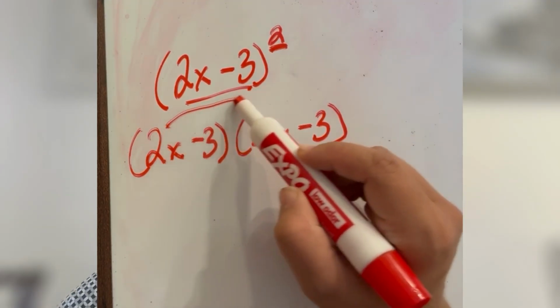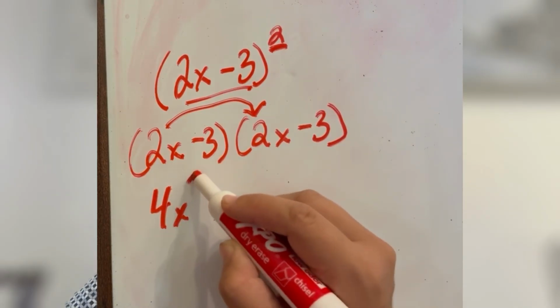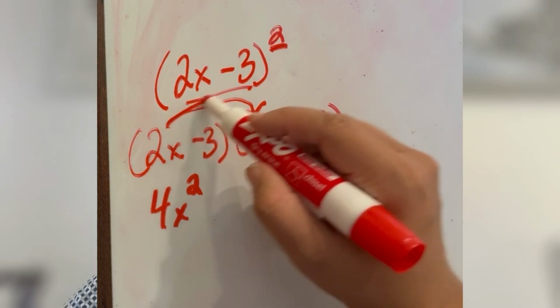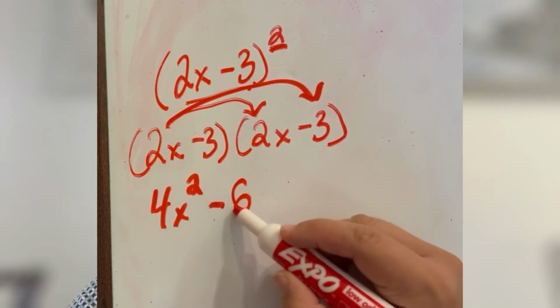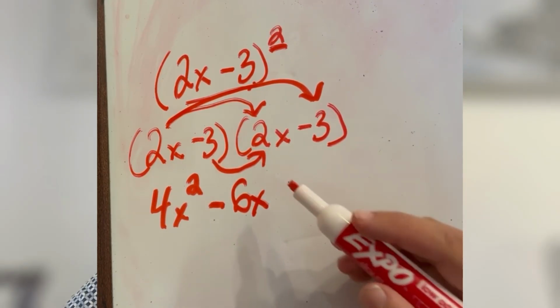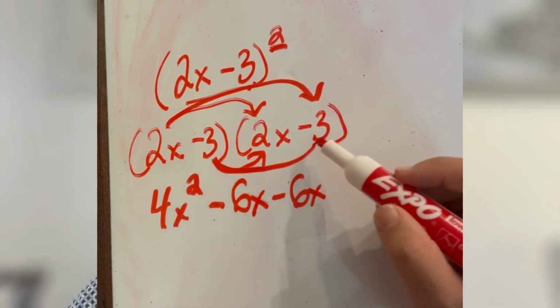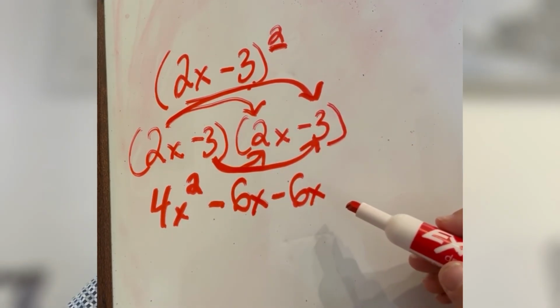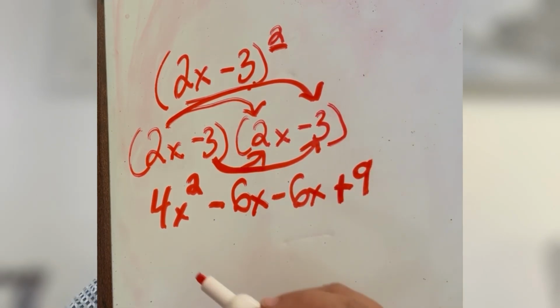Again, using our FOIL method, we're going to do 2x times 2x to be 4x squared. Then we'll do 2x times negative 3, which will give us negative 6x. Next, we'll do negative 3 times 2x, which will give us negative 6x. And then we're going to multiply negative 3 times negative 3, which will give us plus 9.